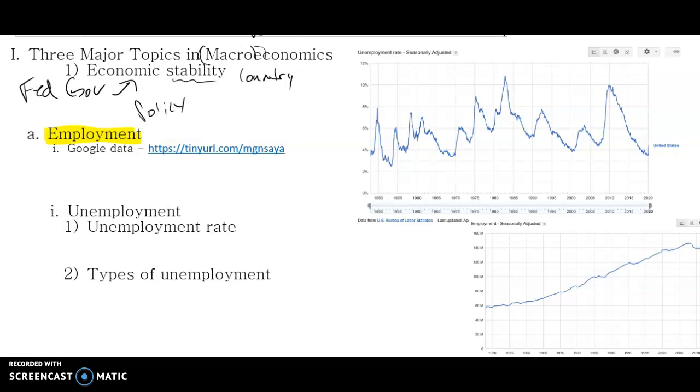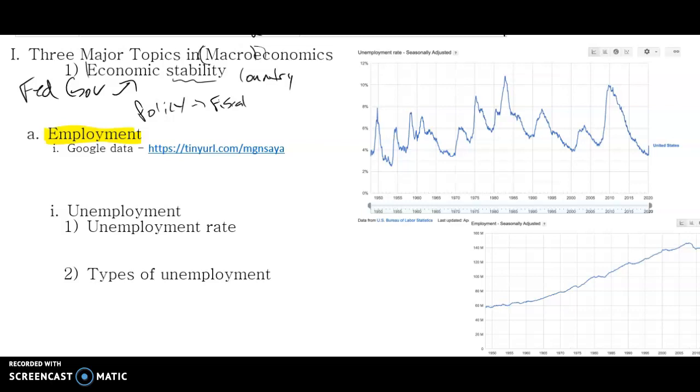So through government policy, and a lot of times what we'll call fiscal policy, they attempt to make sure that we have full employment, or that there are certain policies in place when people aren't employed, or that the economy is growing over time, or prices are stable and banks are working soundly.